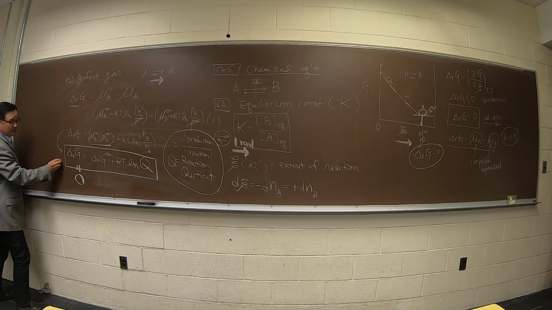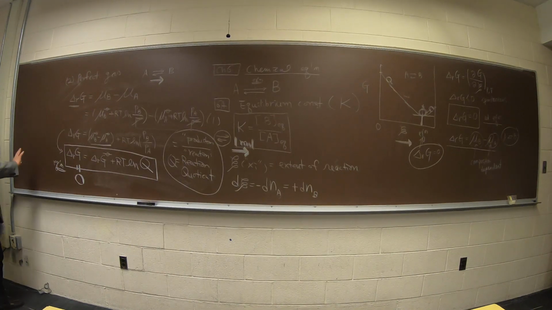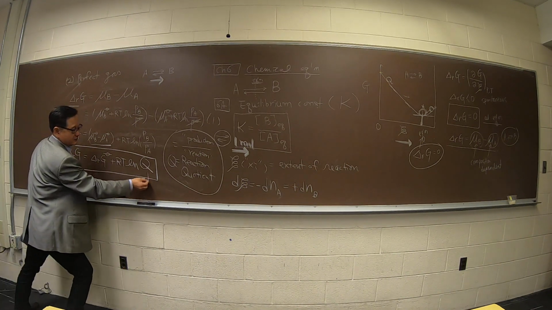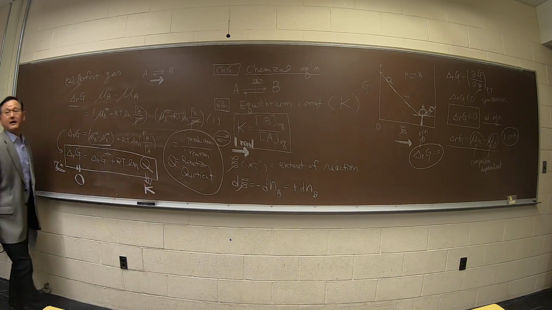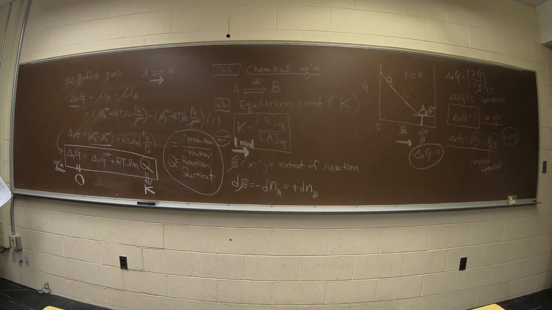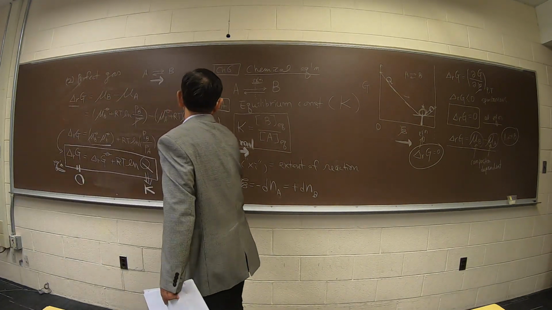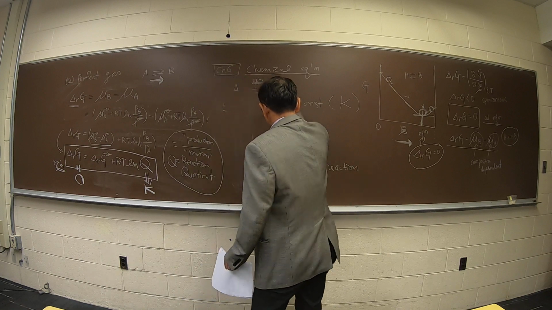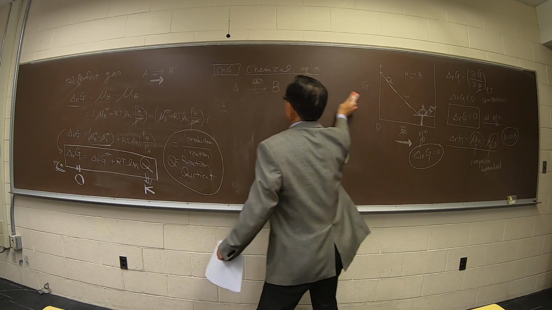So the situation gets even simpler here. At equilibrium this must be 0, and this Q becomes what we call K. So then all of a sudden this whole equation boils down to a very simple equation for us to handle.